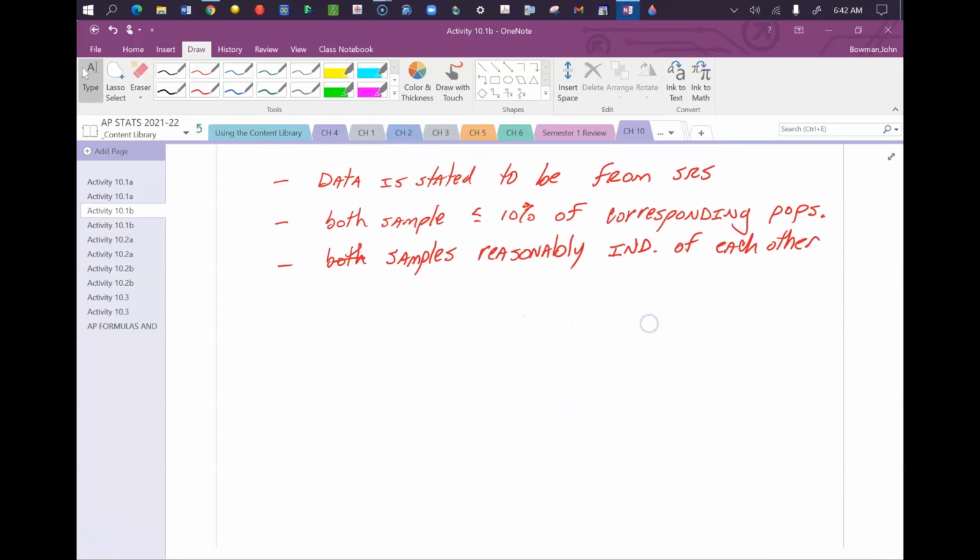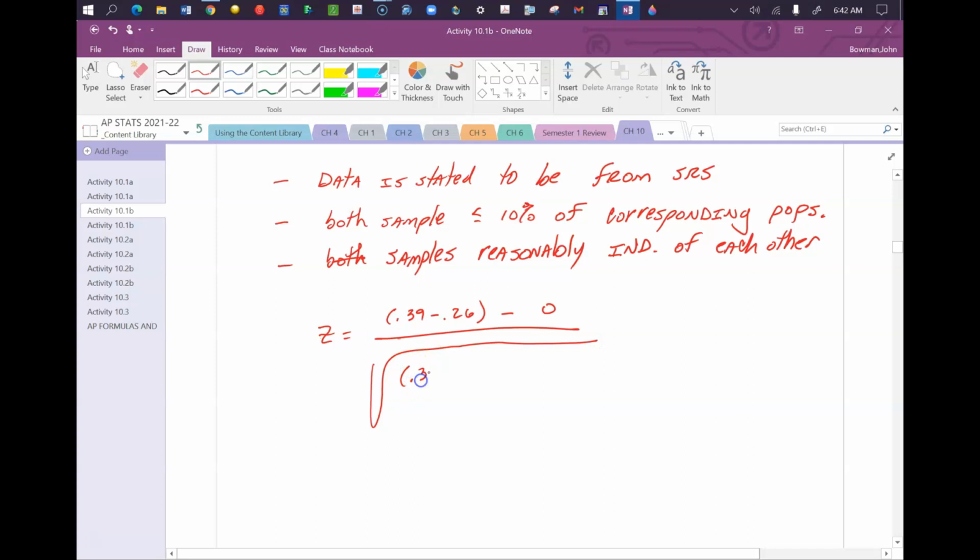So our calculation is going to go something like this. z is equal to 0.39 minus 0.26 minus the hypothesized difference of 0, over the square root of 0.36 times 0.64, I'm rounding here, for p hat combined, over 811, plus 0.36 times 0.64 over the second sample size of 184.